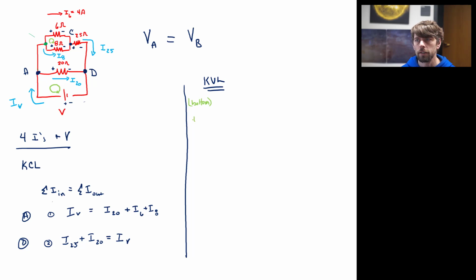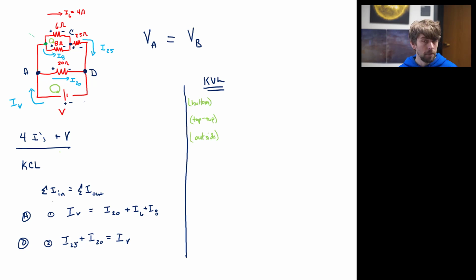So I'll call it the top loop. And I'm just thinking about loops that make my life easy, so let's use the full outside loop. By that I mean the battery coupled with the 6 ohm resistor and the 25 ohm resistor.